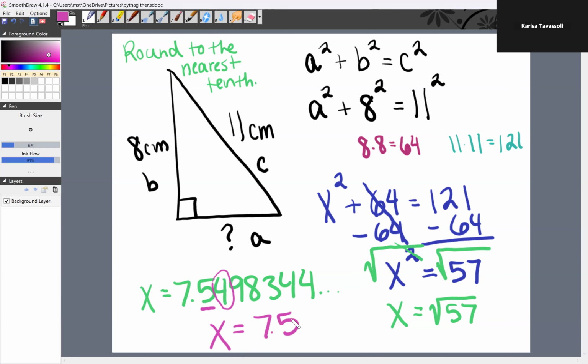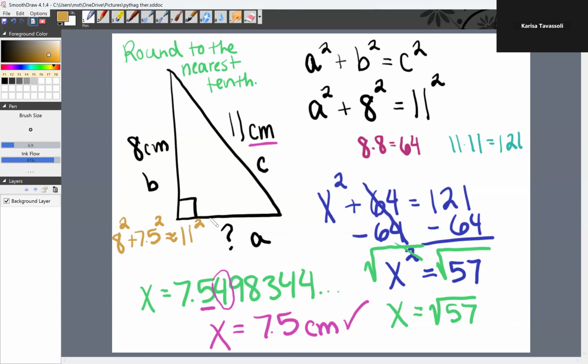And we want to put our unit measurement, which is centimeters. And there we have our answer. If you want to go back and check your work, you can do 8 squared plus 7.5 squared. And that should give you a very similar answer to 11 squared.